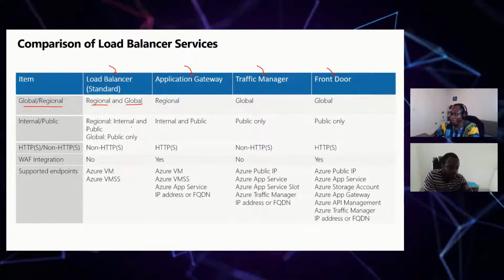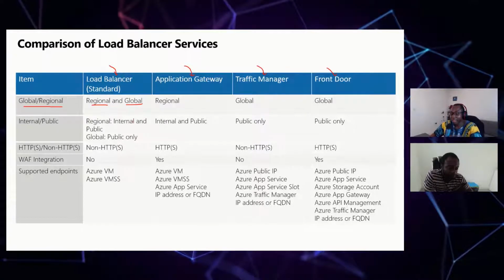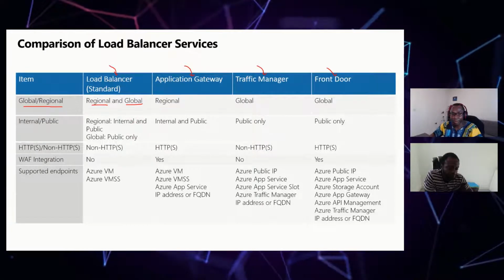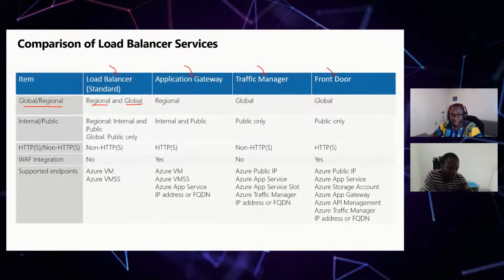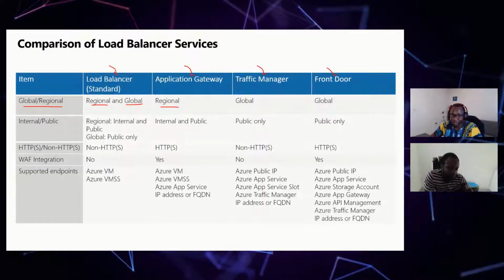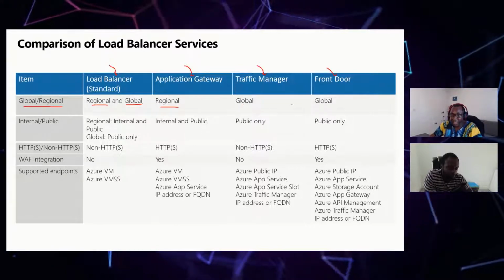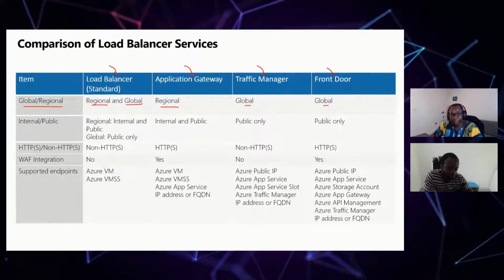It didn't have the global option. However, it now has a global option, so you can use Azure Standard Load Balancer to distribute traffic across regions. The Azure Application Gateway, at the moment, only supports regional load distribution. Traffic Manager and Front Door support global load distribution.